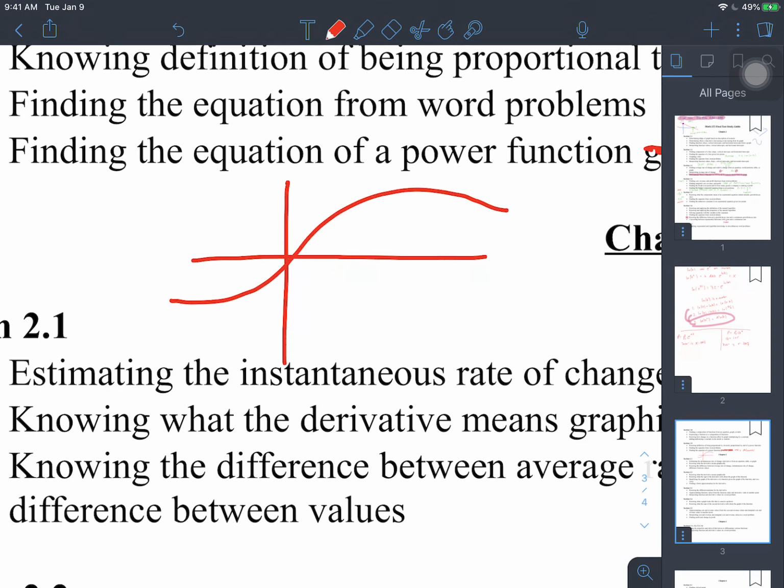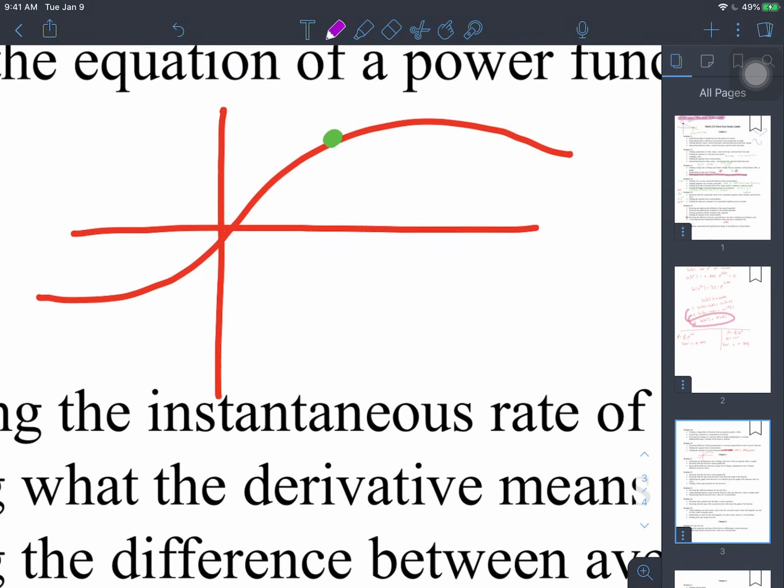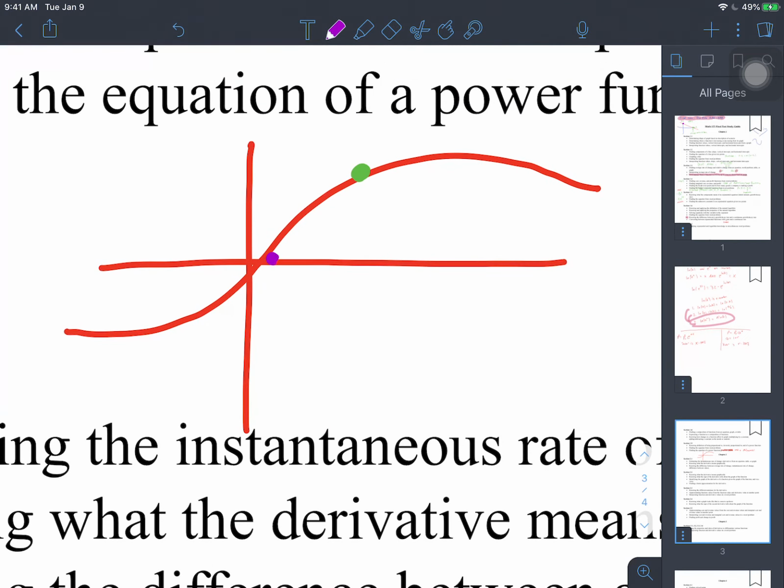What we did was, if we wanted to know the instantaneous rate of change at this green point, we took successively closer secant lines, so lines like this, and we found the average rate of change between these 2 points. And then we just moved this purple point closer and closer and kept finding these average rates of change until the points were so close together that they were virtually indistinguishable.